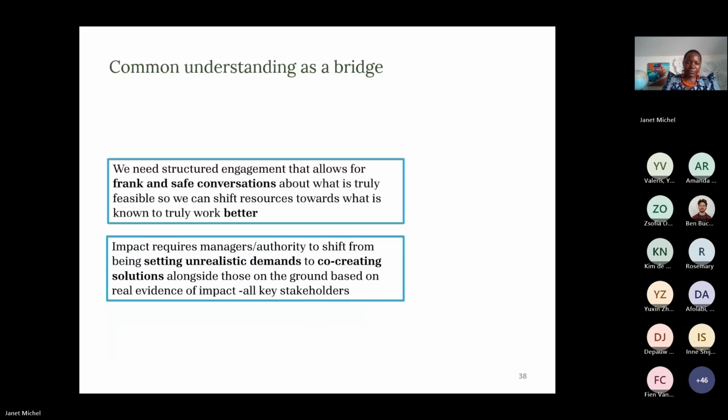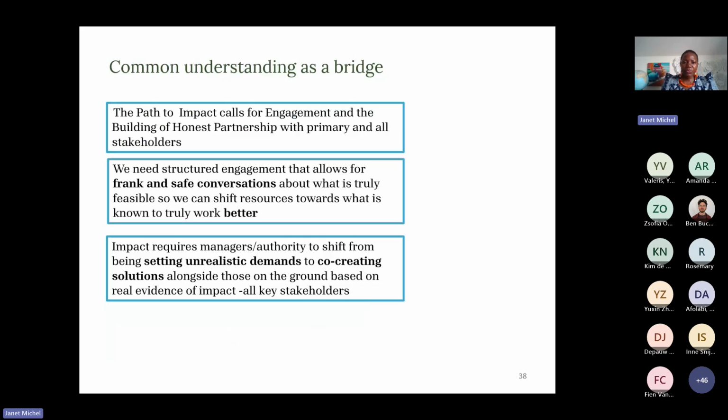So the path to impact calls for engagement and honest partnerships with all stakeholders. And I think it's good that the University of Freya actually has such opportunities, and there's need for structured engagement that really allows for frank but safe conversations about what is truly feasible, so we can shift resources towards what is known to truly work better.